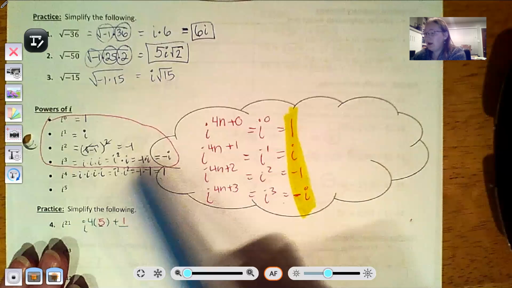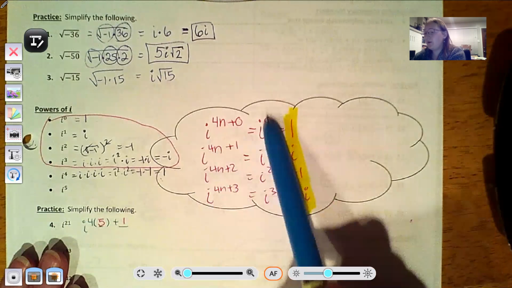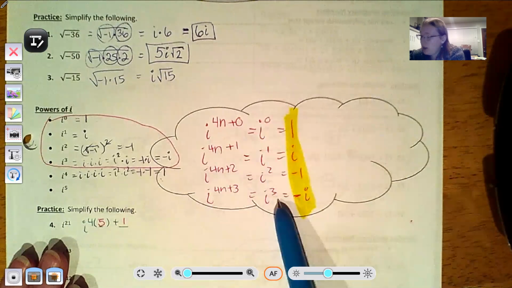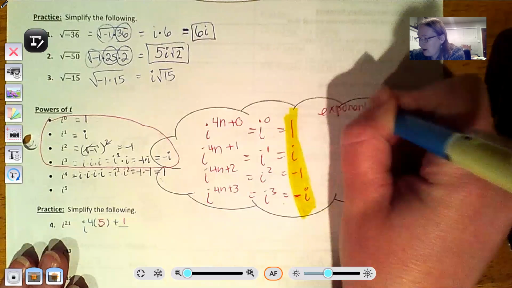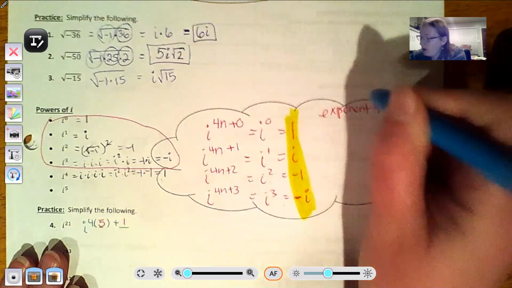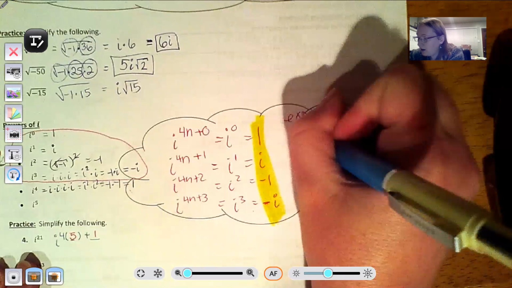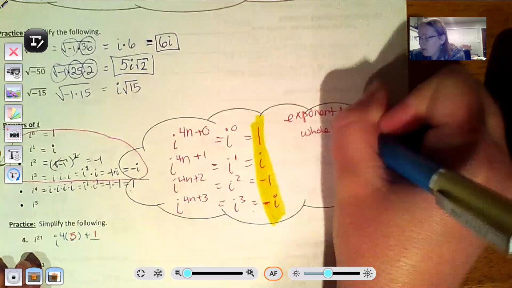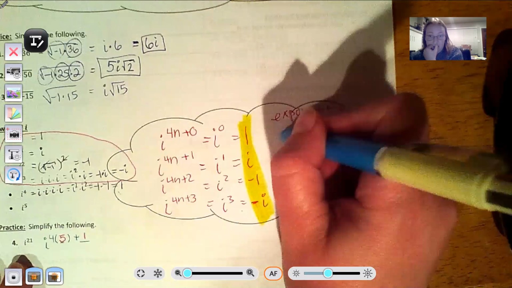So in other words, we can see how many times we went through and just care about the remainder. So in other words, I can do the exponent divided by 4. If we get a whole number, meaning no remainder, then we will have 1 as our answer.